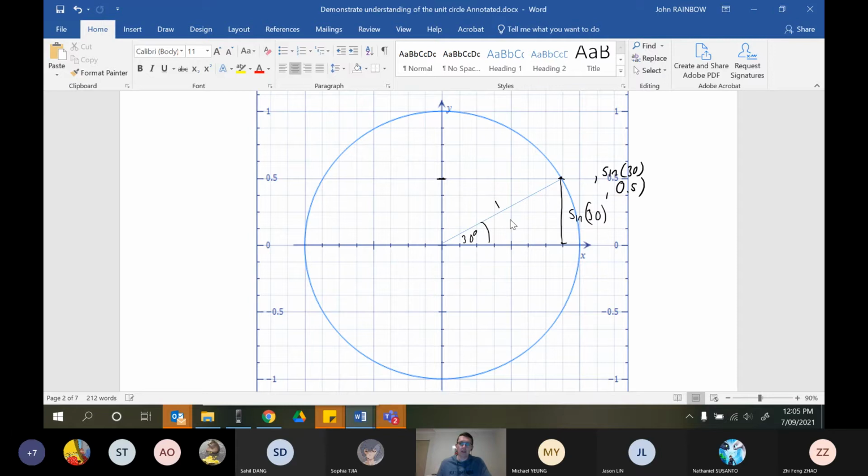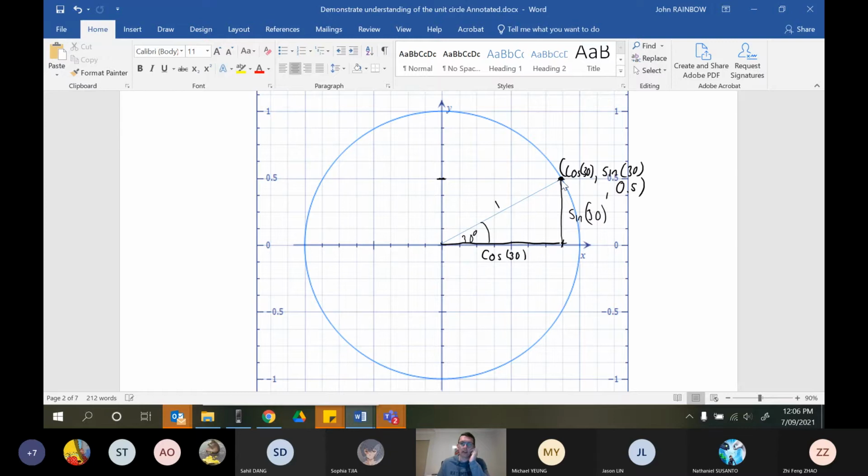And my x value, well, wouldn't that be cos 30, adjacent over hypotenuse? So this length here is cos 30. Okay, so if that's cos 30, which is adjacent over hypotenuse, that's really just my length of x. And why we use the unit circle with 1 is because the hypotenuse is 1. So I can actually say that my cos 30 is my x coordinate.